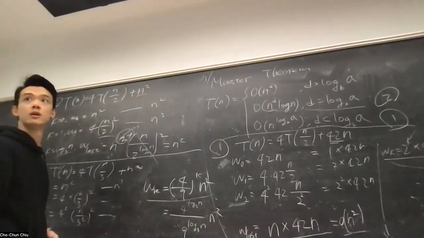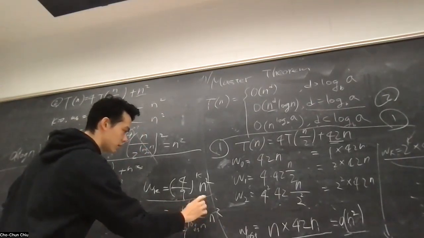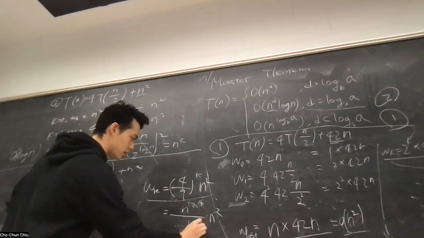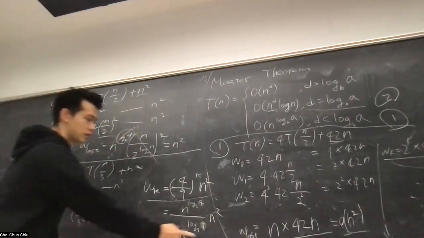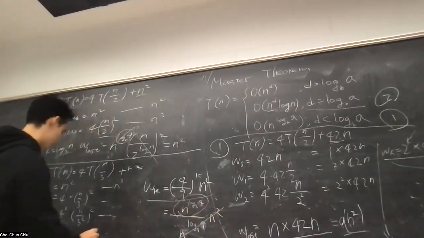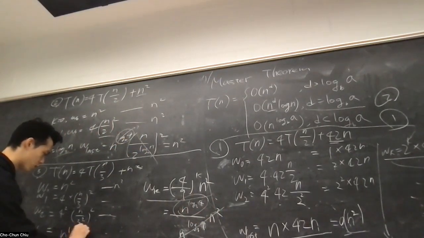Make sense? And then you can do a swap, right? So it's n to the 4, n to the 9, and this n squared cancelled out. You have this term, right? So the last one is going to be n to the log 3 of 4.